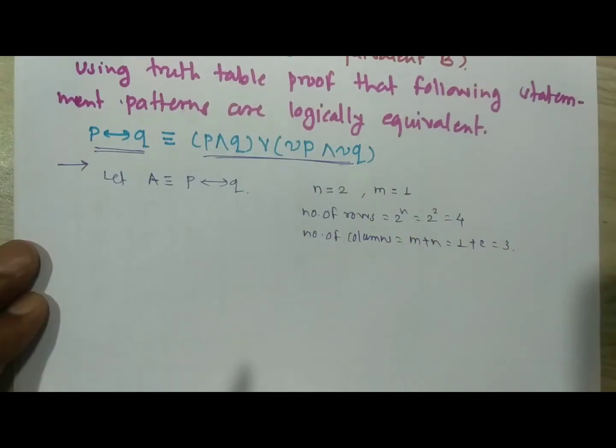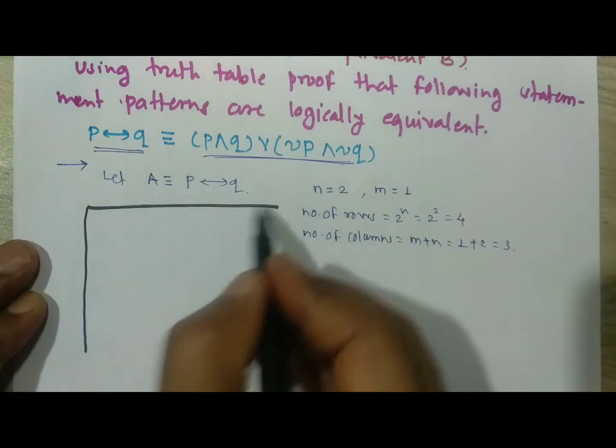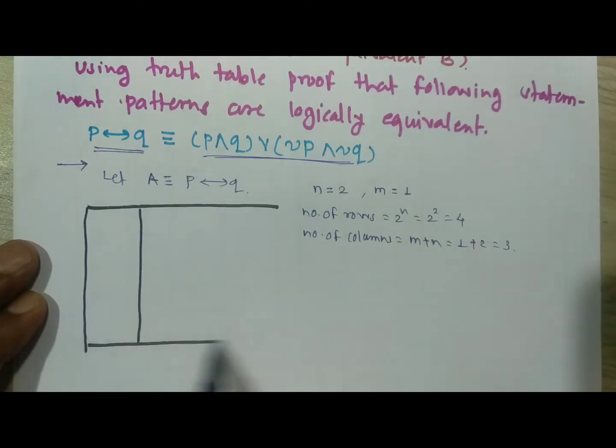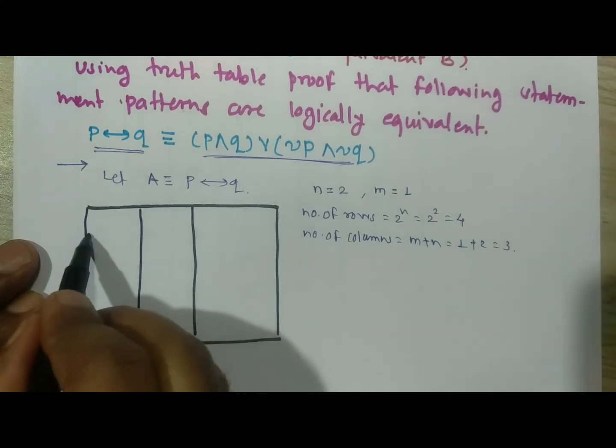Right now we have to consider the 3 columns and 4 rows.